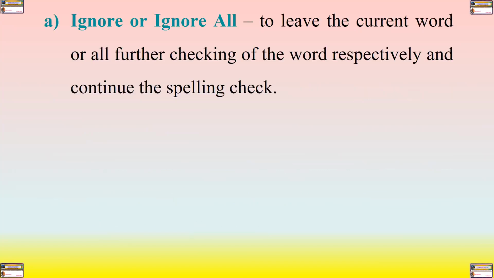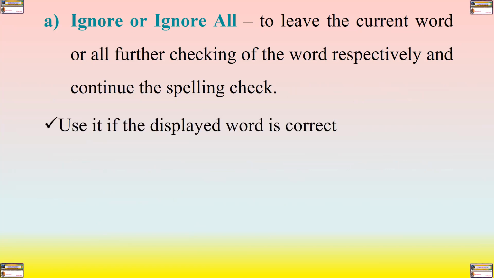Number 1, you can click on ignore or ignore all if you want to leave the current word or have further checking of the word respectively and continue the spelling check. Use it if the displayed word is correct.